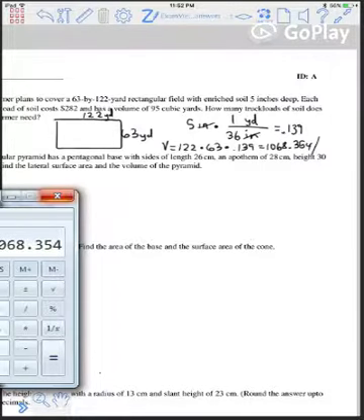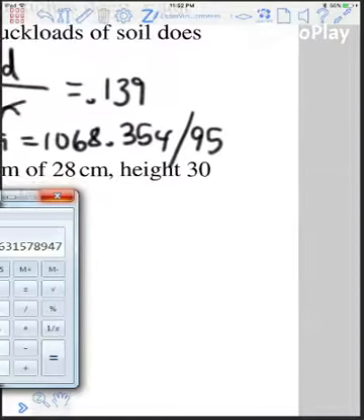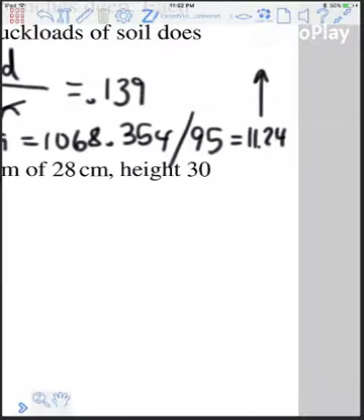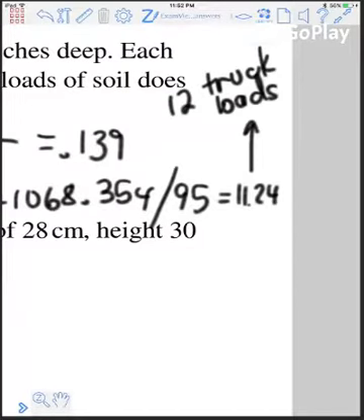And then if we divide that by 95, because each truckload can carry 95 cubic yards, it's 11.24. So it's going to take 11 full truckloads, and then there's 0.24, so a quarter of a truckload. So it's going to take 12 truckloads to get all the dirt this farmer needs.